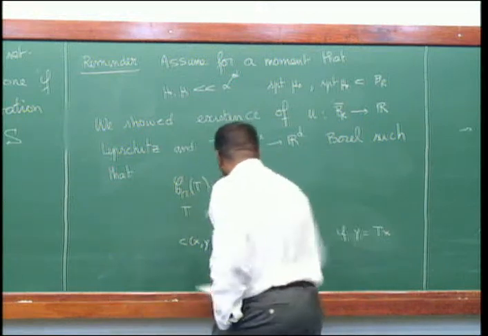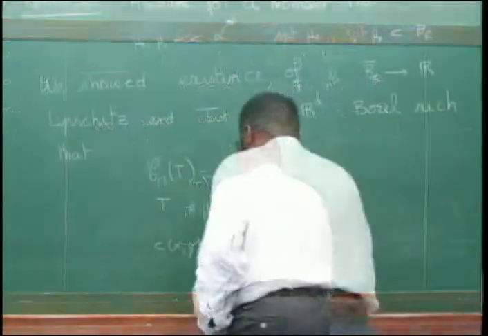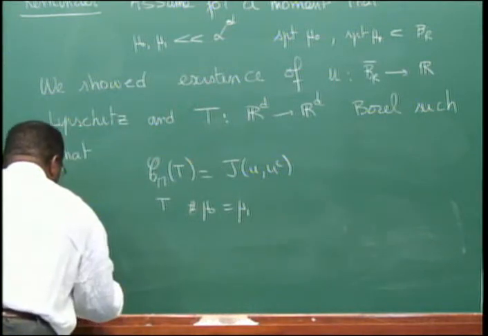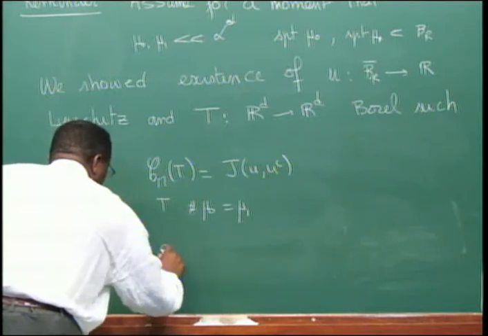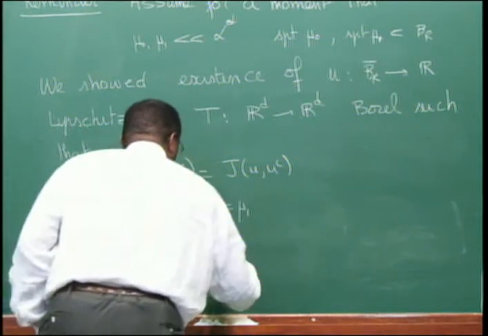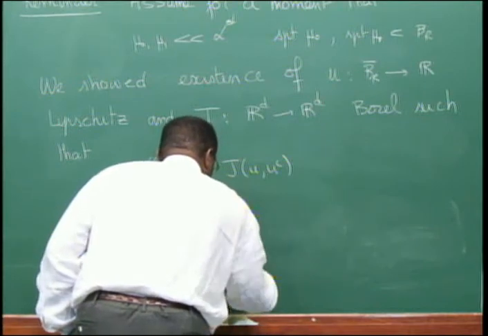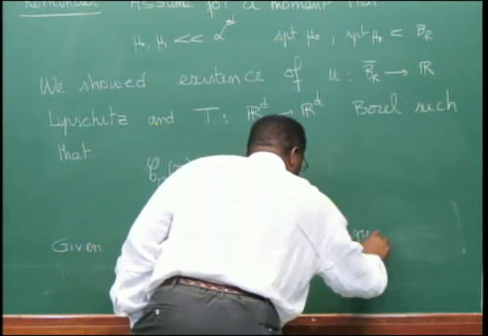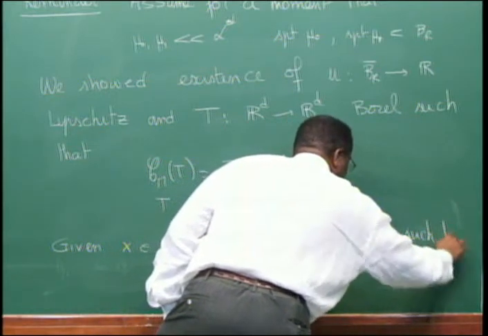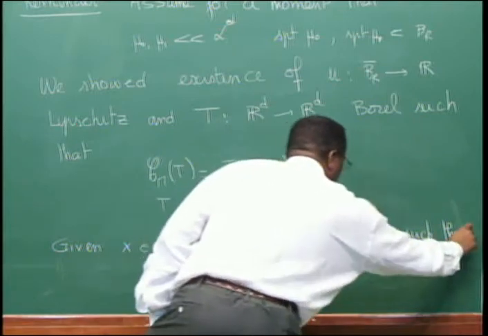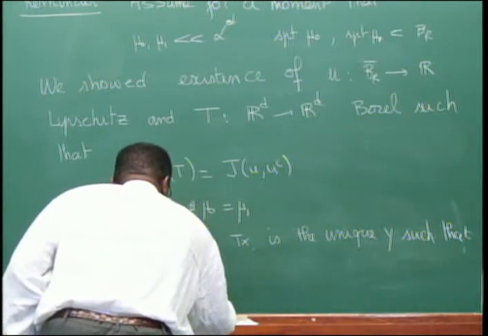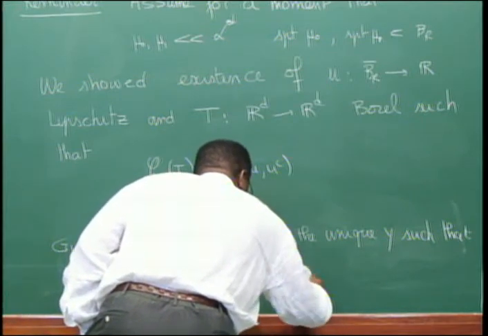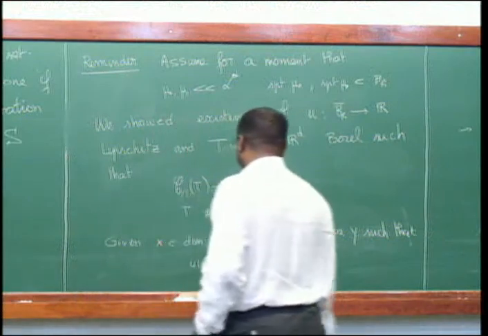Another way of writing that is: given x in the domain of u, there exists a unique y, which is T of x, such that u of x plus u^c of y is c of x, y.